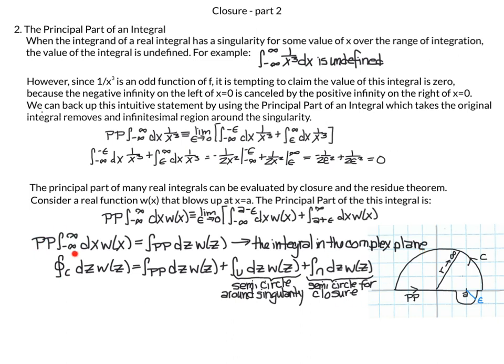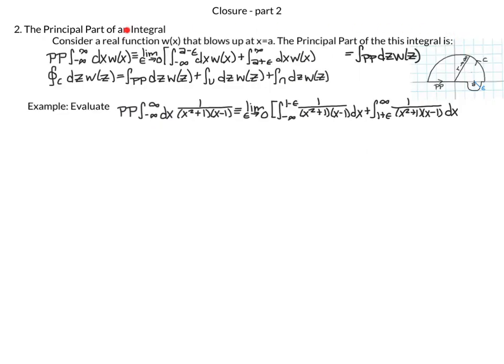When we use the principal part and we do this closure and then use the residue theorem, we have this added part here, which is the semicircle around the singularity. So let's do an example to illustrate this. I brought over a few ideas from the previous page. The principal part from negative infinity to infinity is defined as the limit as epsilon approaches 0.